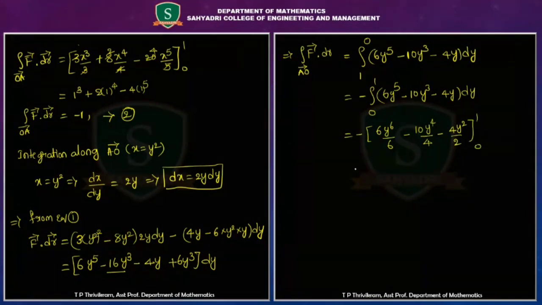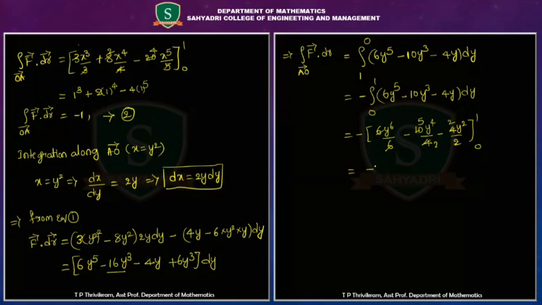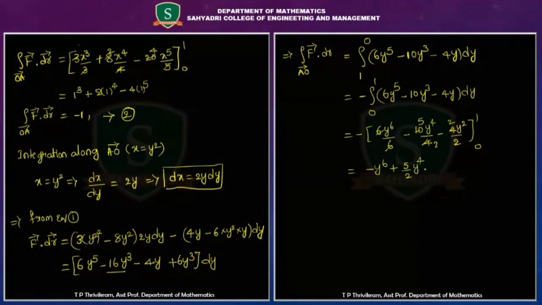So multiply this minus inside, how much will we get? These two get cancelled, 2 twos, 2 fives. So overall how much will we get? Minus of, if you multiply with minus, minus y power 6 plus 5 by 2 y power 4 plus 2y square, from 0 to 1.